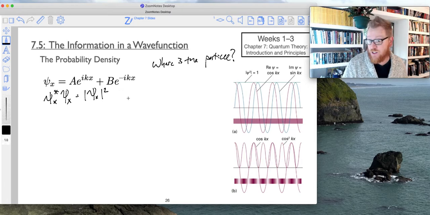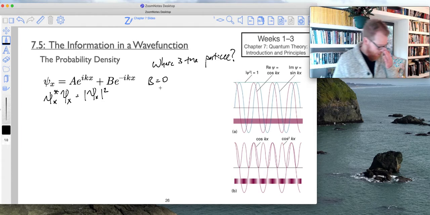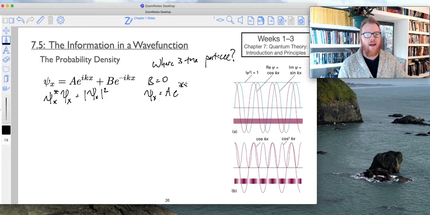And for now, just to make life easier, I'm going to play a game where we say, suppose b equals 0, okay? So again, this isn't accurate, but it's going to give us a good means of getting used to this mathematics. So then if b equals 0, we can say psi x just equals A e to the i k x.